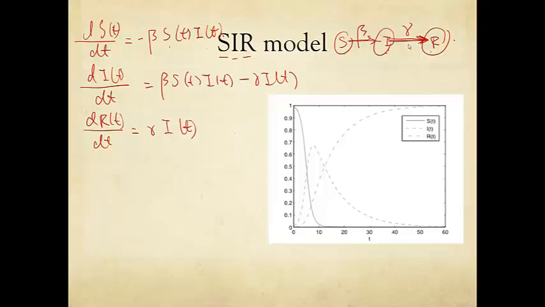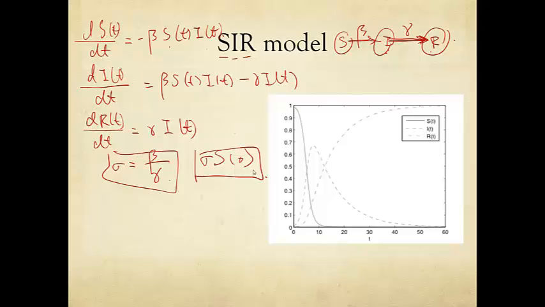It turns out that we don't have a closed form solution to the resulting equations. But we can observe the following qualitative behaviors. Again, this sigma, the basic reproduction number, beta over gamma, plays an important role here. In this particular model, it is actually sigma times the initial susceptible population percentage S of 0 at the onset of this infection that plays the threshold level's role.